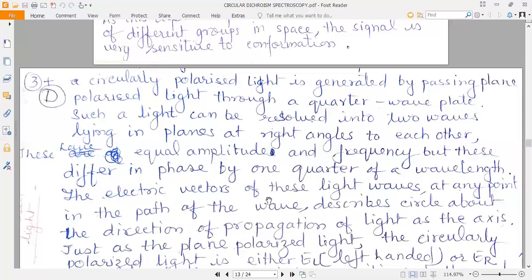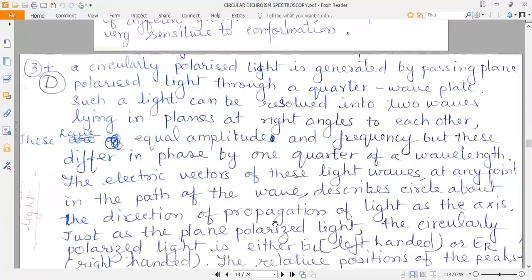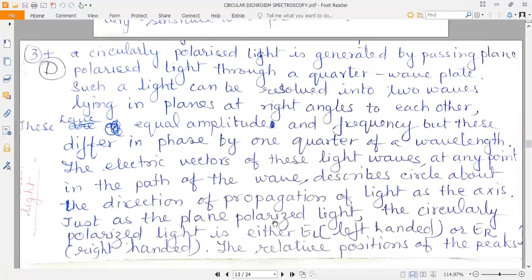The electric vectors of these light waves at any point in the path of the wave describe a circle about the direction of propagation of light as the axis.